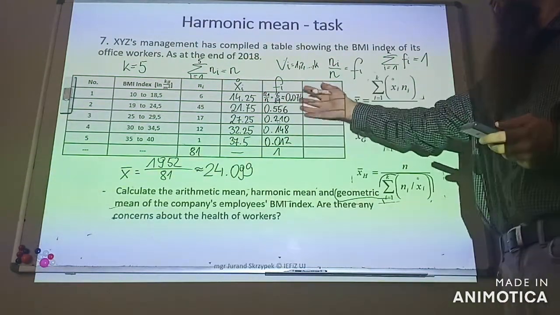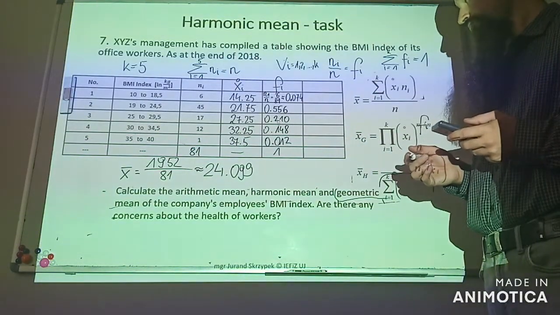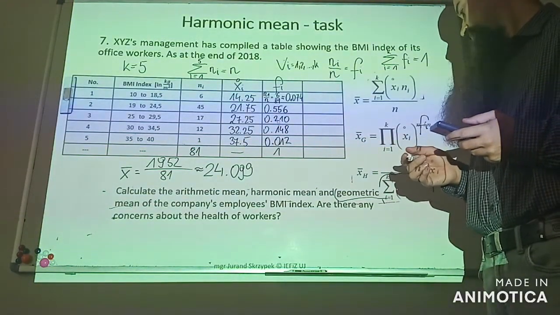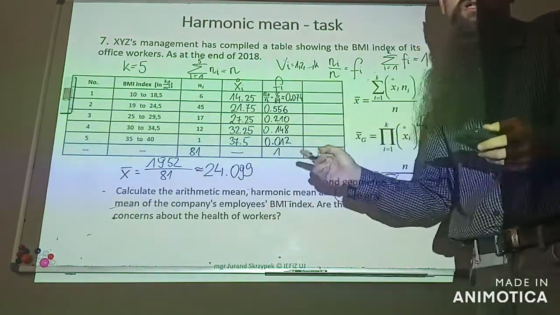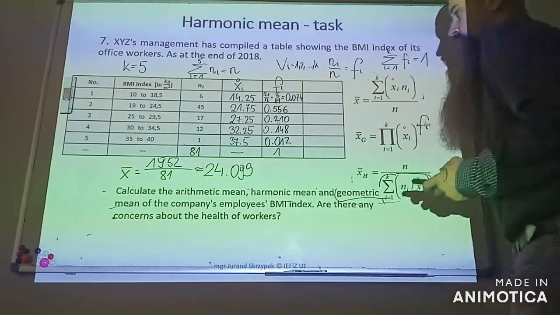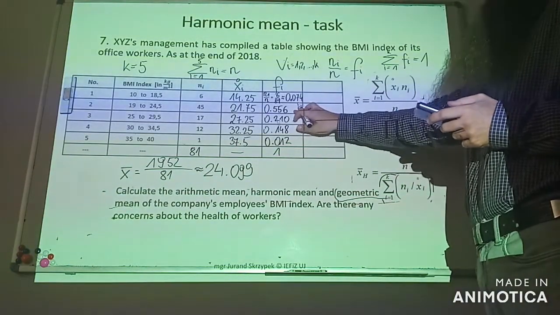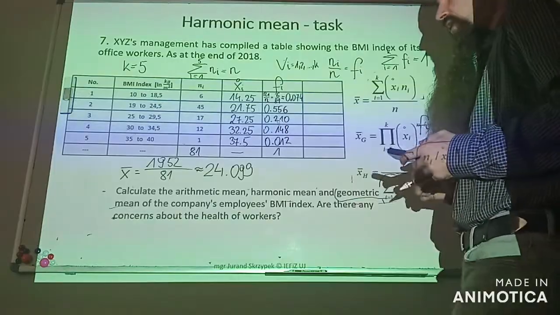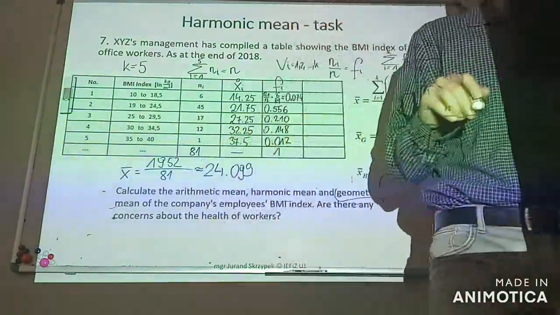Because here we see the structure of the population, and the sum of all percentages is always equal to 1. We see that most of the workers are characterized by the BMI index from 19 to 24 and a half.